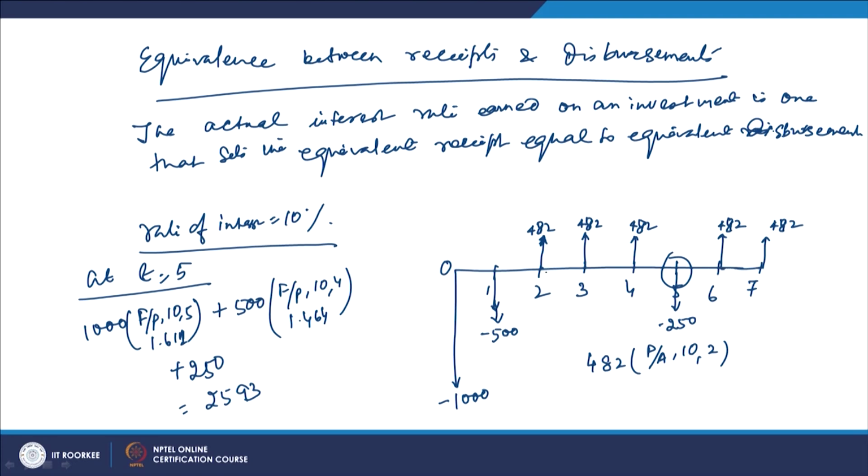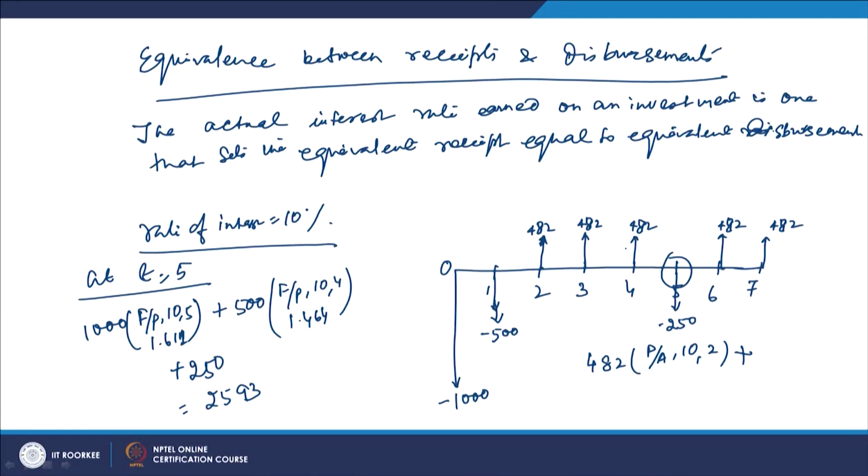Now this 482 will be further taken into account. Now this 482 will be multiplied with, suppose, F by A 10 3. So it will be defined here, and then further you have to use it for one time step away. So that will be 482 multiplied by F by A 10 3, and it will also be multiplied with, so you have to get further its future value, F by P 10 1.